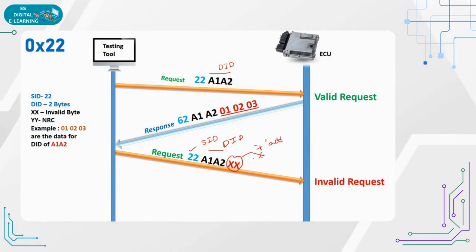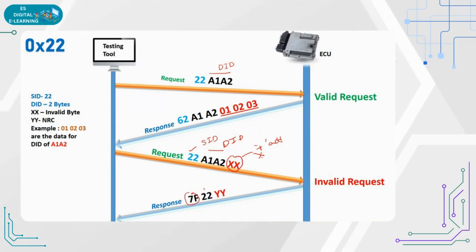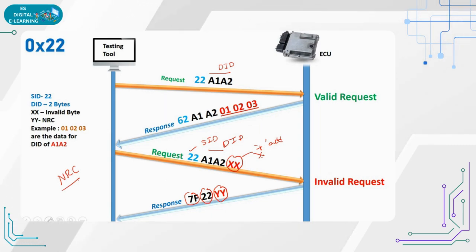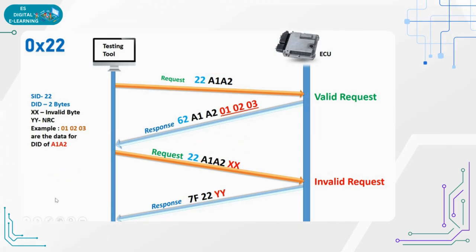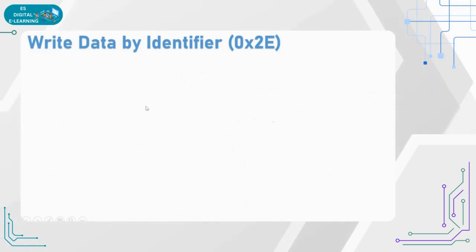In this case it is an invalid request, so we'll get the negative response 7F, 22, and then the NRC code. What are those NRC codes? We know each service has specific NRC codes. We'll go through those NRC codes. Let's go into it further.